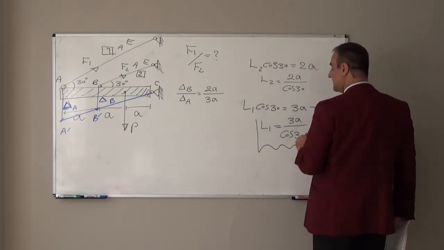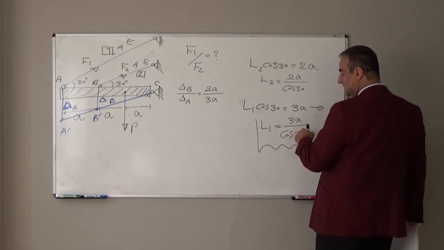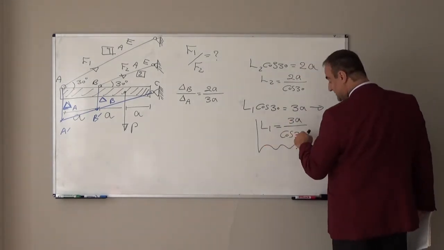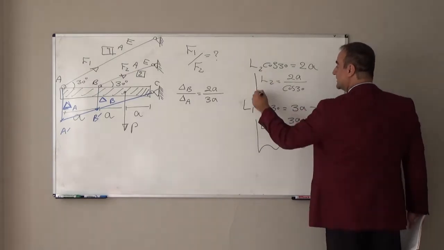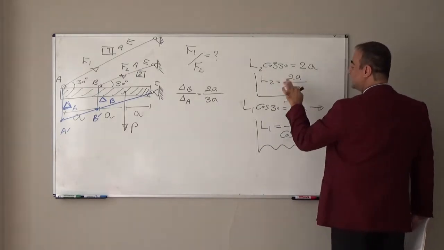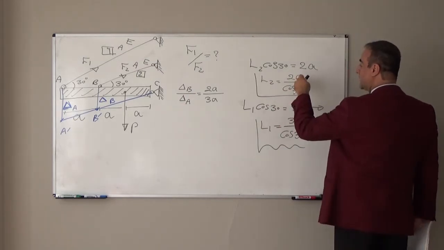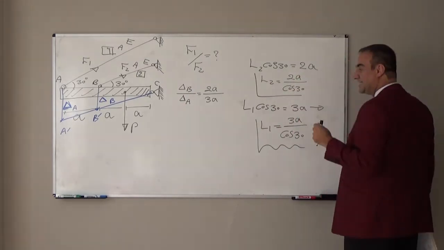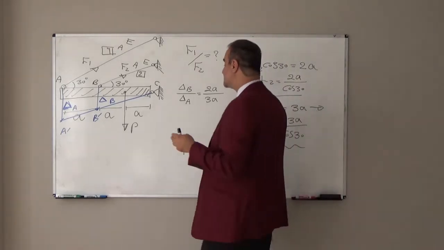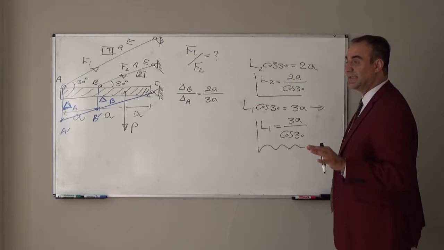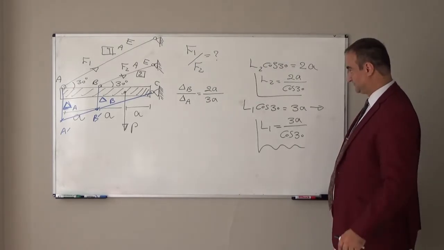So I know L1 in terms of a. Lowercase a is known, so L1 is known, and L2 is known. So L1 and L2 I found in terms of a, which is known.